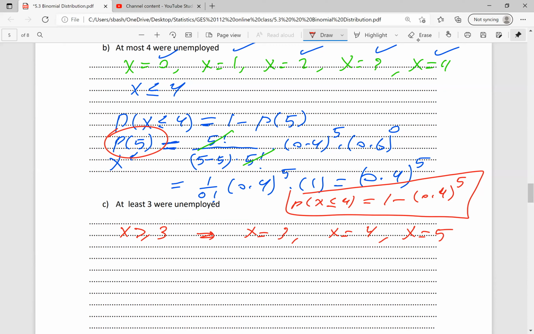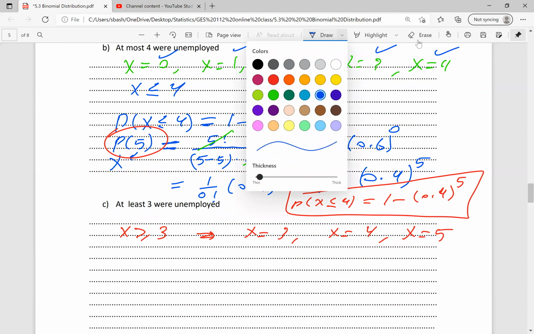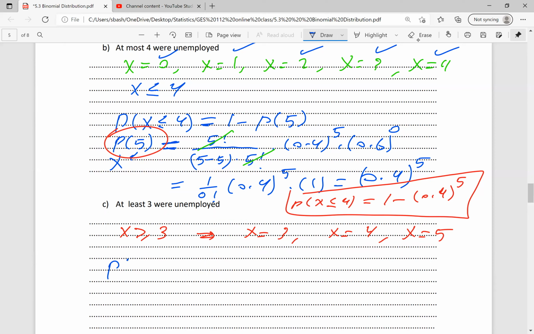So I need to find the probability of P of x greater than or equal to 3, which means P of 3 plus P of 4 plus P of 5. This is the meaning.